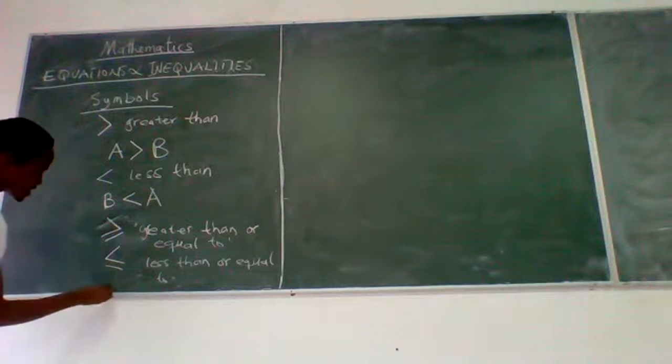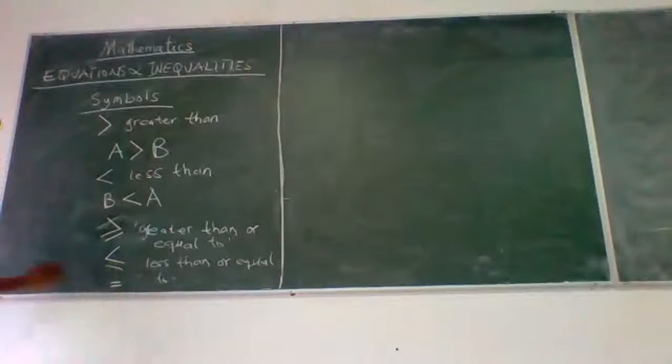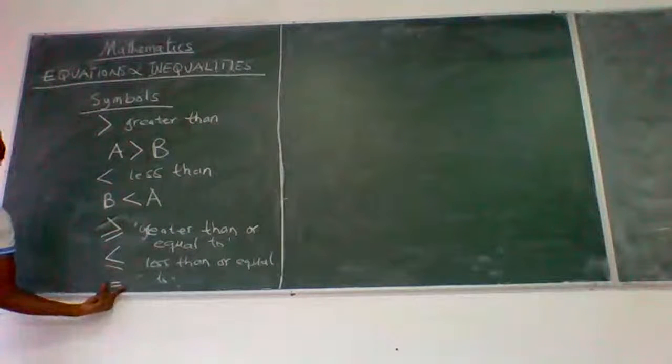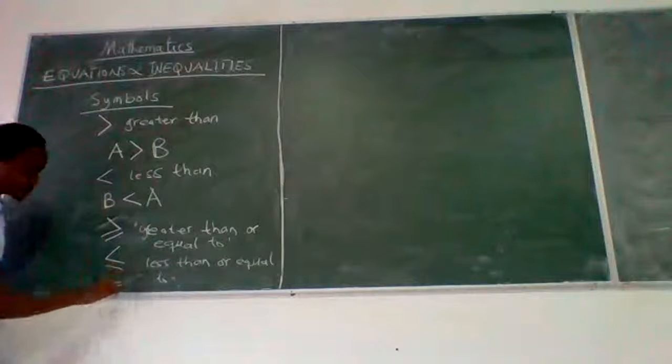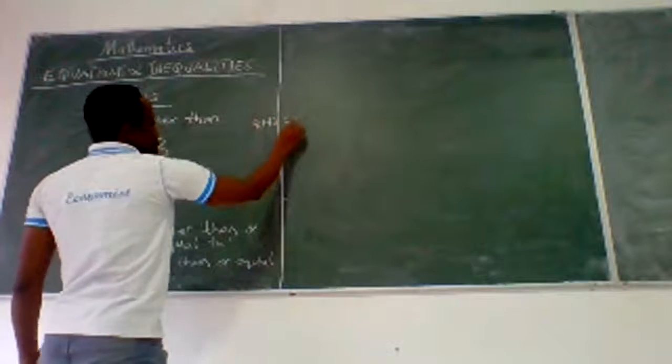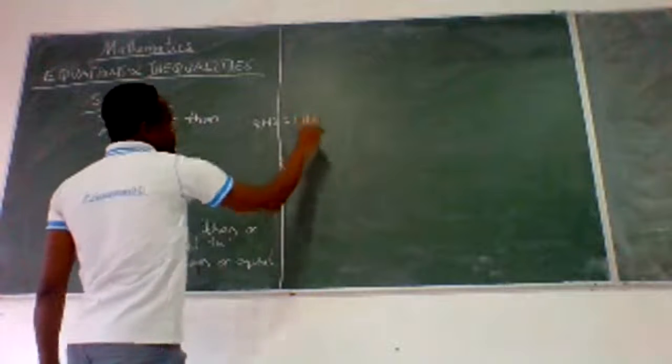The last one is the equal to sign, which means the quantity on the right hand side is equal to the one on the left hand side. Equation deals with this last one: any mathematical expression where the right hand side is the same as the left hand side.